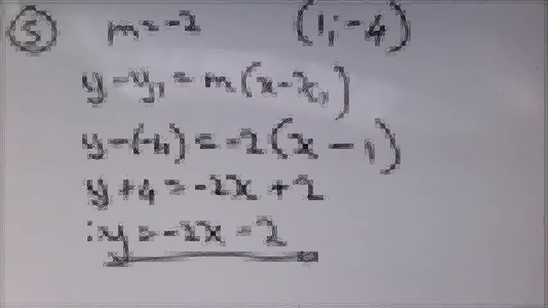Now we're looking at one that looks like this. So they just ask you to calculate the equation of a line which goes through, and then they give you 2 coordinate points. Okay, so let's take an example.